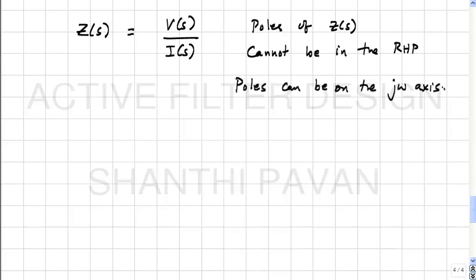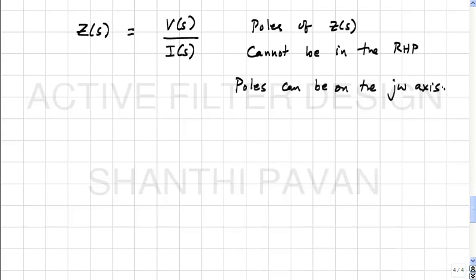It turns out that these poles have to be simple. What is the meaning of a simple pole? You cannot have multiplicity, so you cannot have 1 by S square or S square. You cannot have two coincident poles on the j omega axis. Okay, we will prove that a little later on.